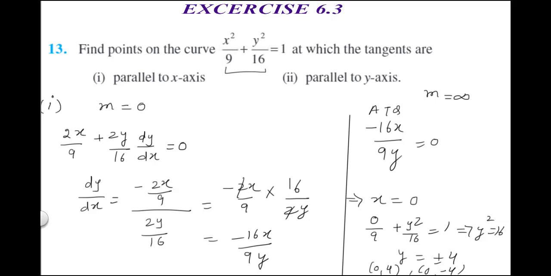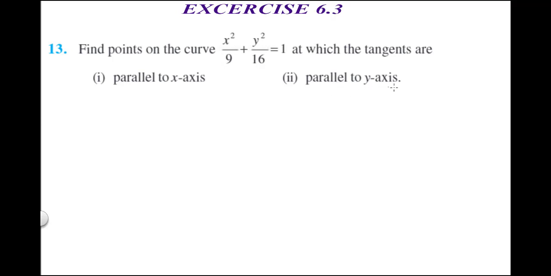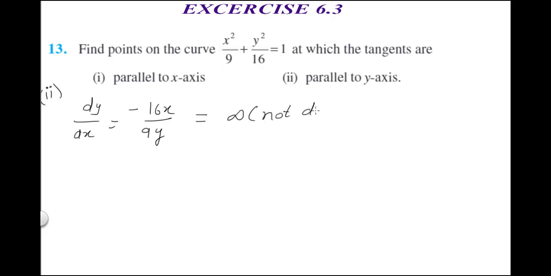Now let us go for the second part. In the second part, parallel to the y-axis, what we were getting as dy/dx is −16x/9y. So according to the second part, it is parallel to the y-axis. Hence the slope will be infinity, or we say it is not defined. This is possible only when your denominator is 0. So this implies 9y is 0. Hence y is equal to 0.